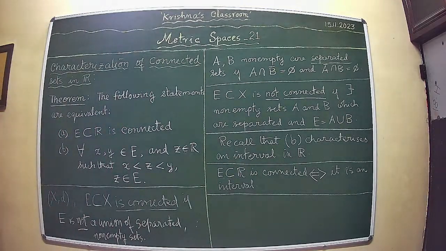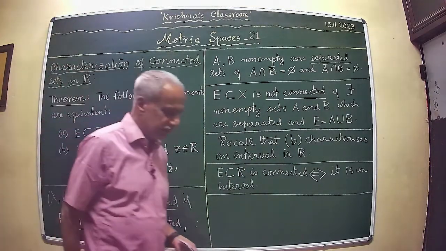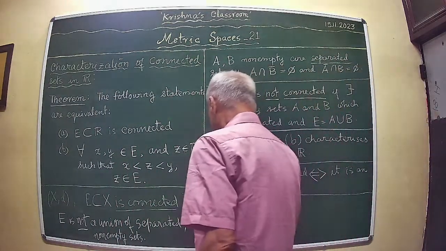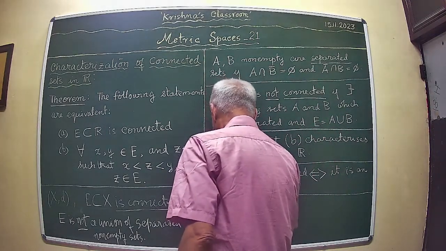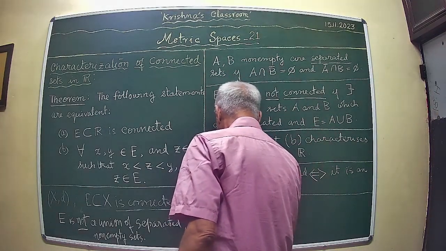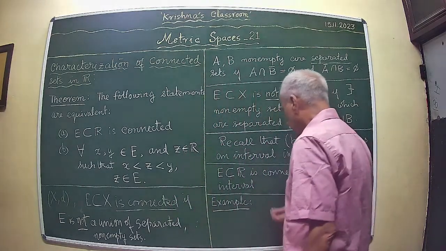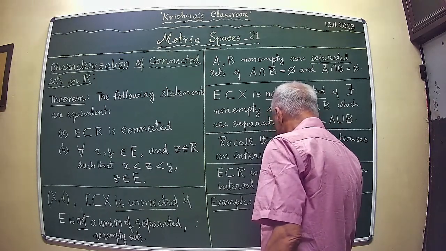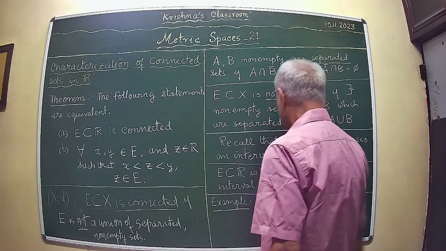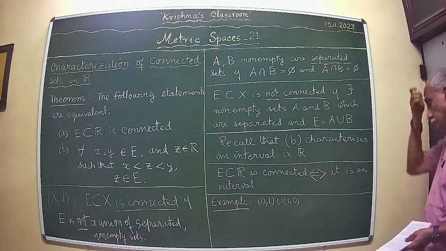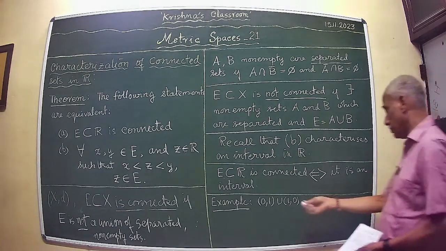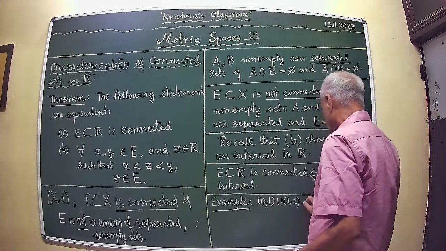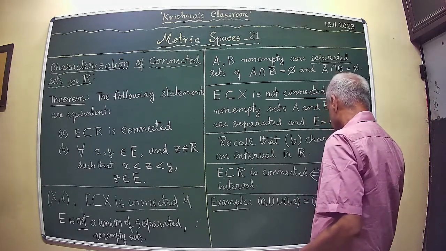I want to make some remarks before I go to the proof of this theorem. Okay, let us look at some examples. In R, we will consider this one. This is obviously connected. So this is 0, 1 union 1, 2. This is obviously the same as 0, 2.